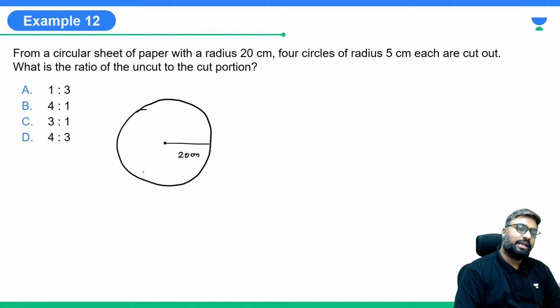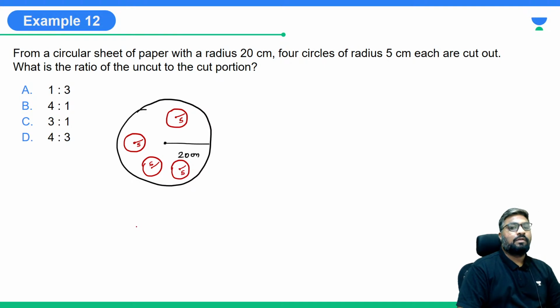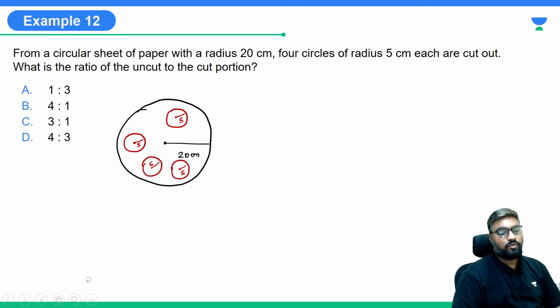Yes, so कहीं पर भी anywhere you can take 1, 2, 3, 4, सबके रेडियस क्या है 5 सेंटीमीटर. These are cut out. ठीक है, they want us to find out the ratio of uncut to cut portion.